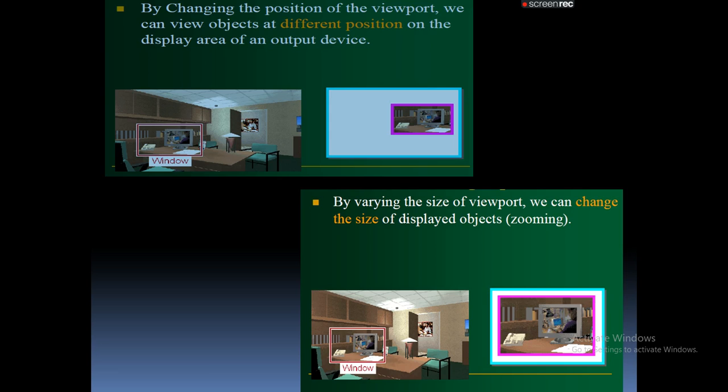If the viewport is at the bottom left corner with respect to screen or monitor coordinates, then the image is displayed at the bottom left corner of the monitor. If the viewport is at the top right corner of the monitor, then we display the image at the top right corner.